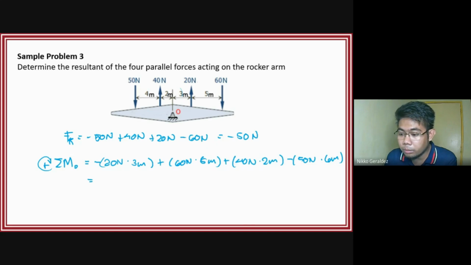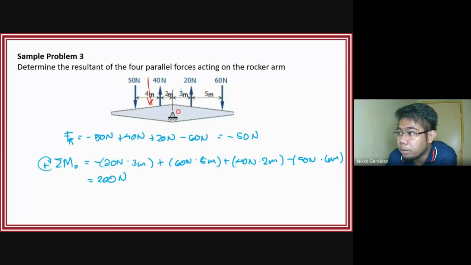Ano sagot? So that is 200 Newton meters. So that is positive, no? So iikot ng clockwise, no? So yun.